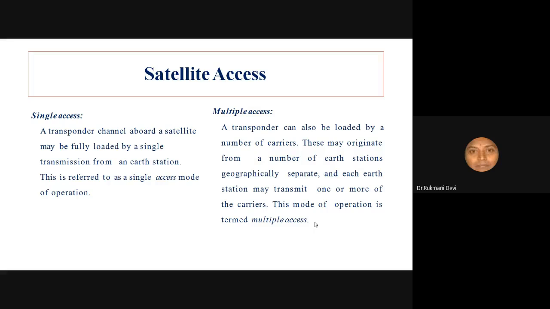This is referred to as a single access mode of operation. Multiple access: a transponder can also be loaded by a number of carriers. These may originate from a number of earth stations geographically separate and each earth station may transmit one or more carriers. This mode of operation is termed as multiple access.